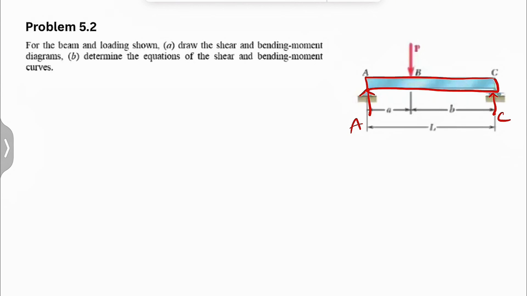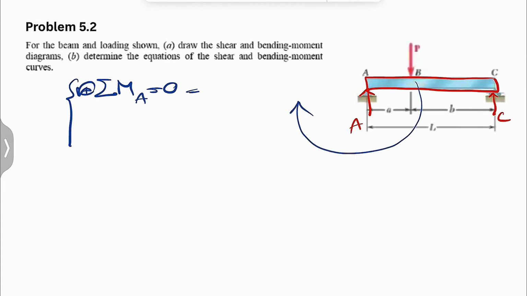So we have our equilibrium equations. Our X equation is out because there's nothing. So we can start with the moment about point A, counterclockwise positive as always, equals 0. Because of the equilibrium condition, we have the moment of P about A, which is clockwise, so negative P times distance a.